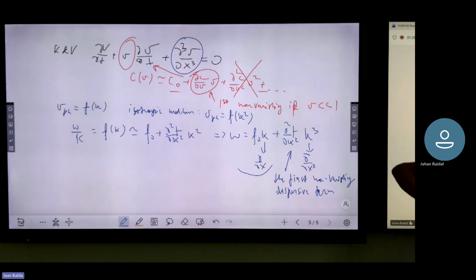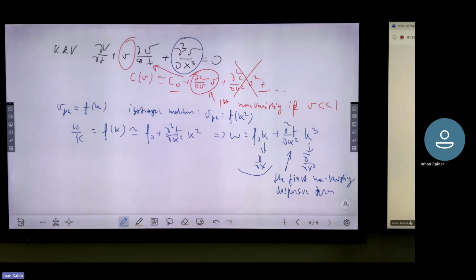We need that to stop the wave breaking, right? It's physically important now. It's not something we are just wondering about, but exactly in the same way as the resonance is stopped by frequency shift in the case of the oscillator, here we need that to stop the wave breaking.